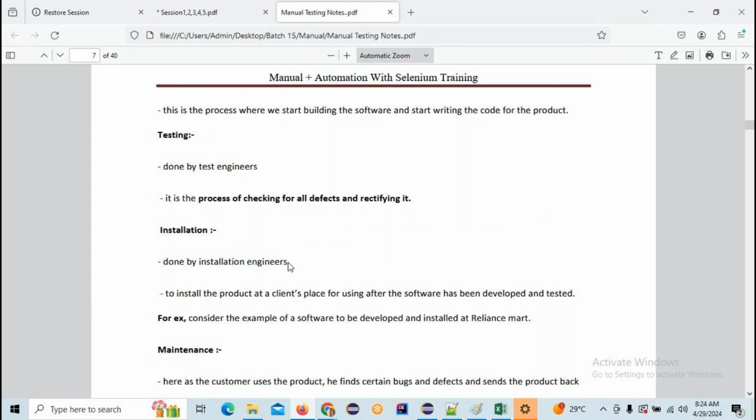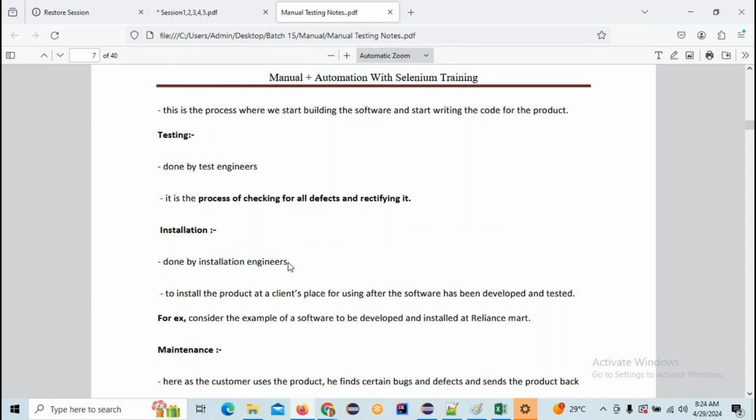If any feature is not working, the software company will also do maintenance. Total these are the phases: requirement analysis, feasibility study, design, coding, testing, deployment and maintenance.